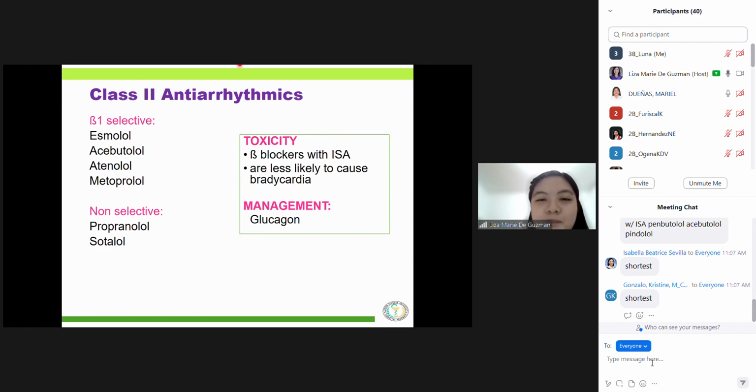Since they target both beta 1 and beta 2, they are contraindicated to which type of patient? Okay, very good. Asthmatic, right? Because the effect of non-selective beta blockers to beta 2 receptor is bronchoconstriction. So that's why they are contraindicated to patients that are asthmatic.